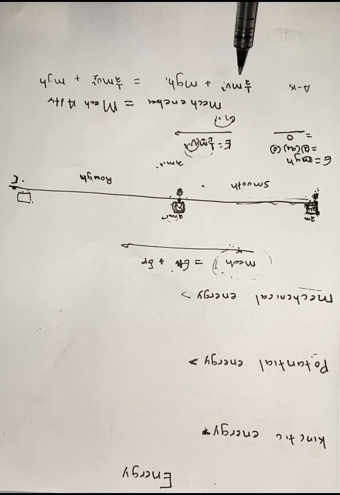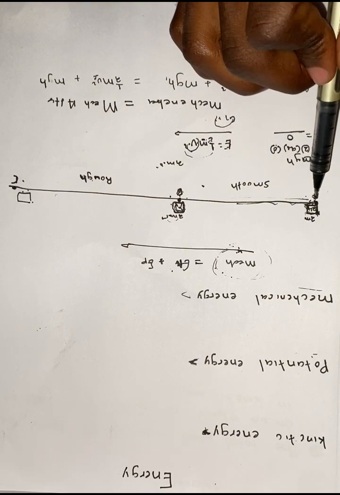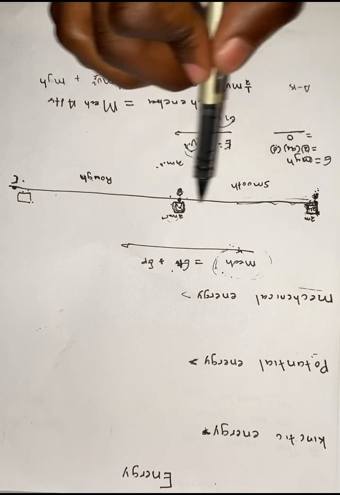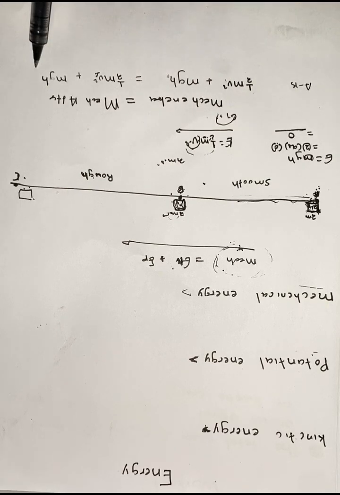So from point A to point B, mechanical energy is conserved, so you are able to use the formula which says mechanical energy before is equal to mechanical energy after. Reason being, from point A to point B, mechanical energy is conserved. Then you can use this formula.